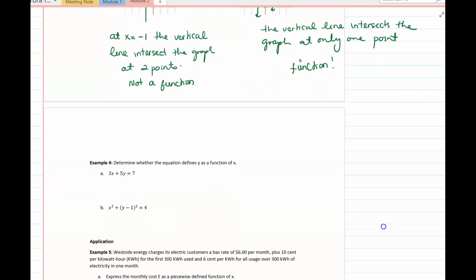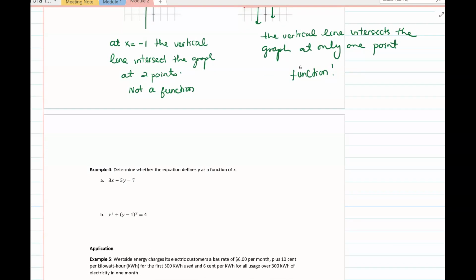Now determine whether the equation defines y as a function of x. If we can solve for y alone, then that is a function. If you cannot solve for y by itself, then you don't have a function. Let's see if we can solve for y here. Here I was able to solve for y by itself, so here I have a function.